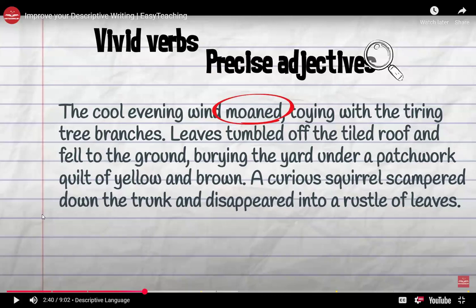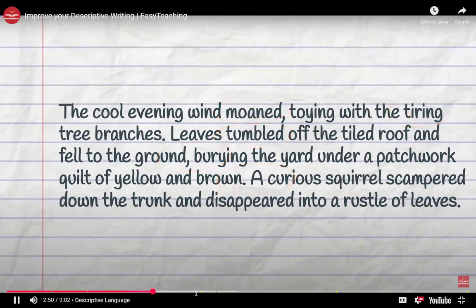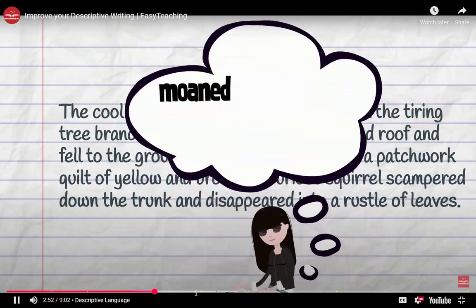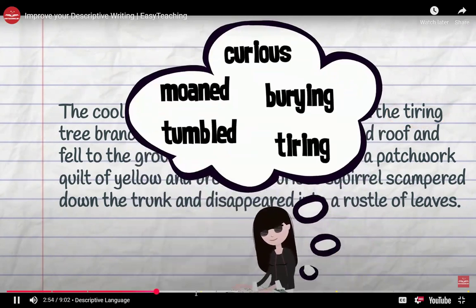Burying, no, it's not the squirrel burying the yard. The leaves are burying the yard. All right. Tumbled, burying, curious, tiring. What effect did these word choices have on you, the reader? These words were chosen to help you build a stronger picture of the scene in your mind.